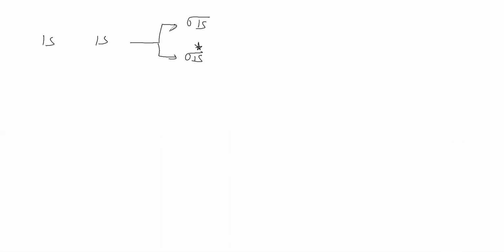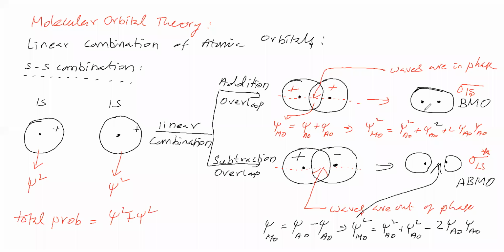Now, what about the energy of sigma 1s when compared to these 1s atomic orbitals? We will see how it is. Now you see here in this molecular orbital, the probability is greater than the sum of these two.